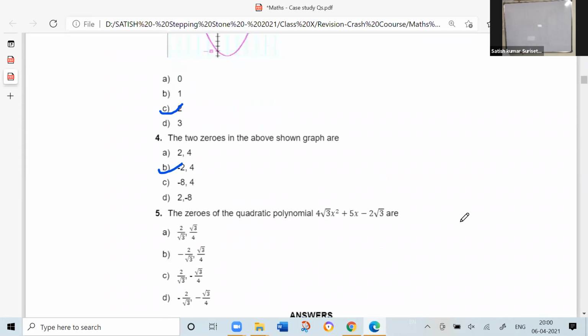Now, one more. The zeros of the quadratic polynomial 4 root 3 x square plus 5x minus 2 root 3 are. Now, here, which method is preferable? Is factorizing preferable or using the options? If you are able to do factorization properly, then do it.